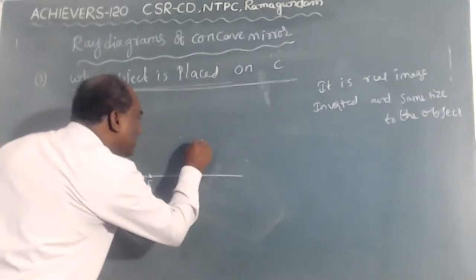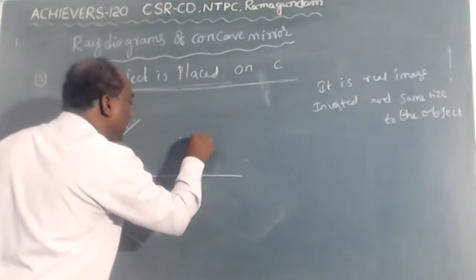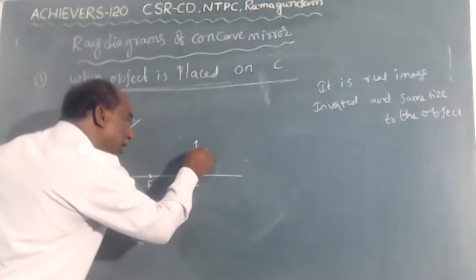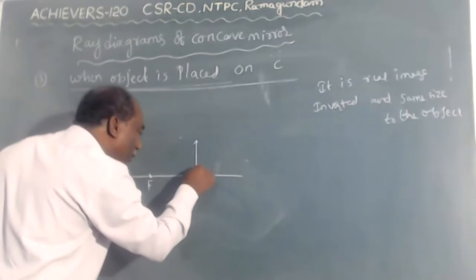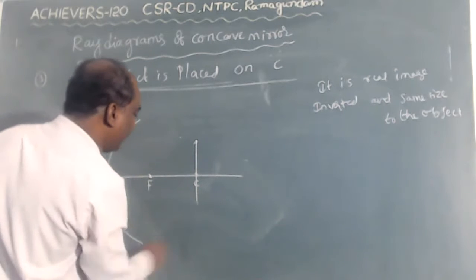For example, first we have to draw the ray diagram easily. So this is the size of the object. Now we have to extend the ray downward also, same size.